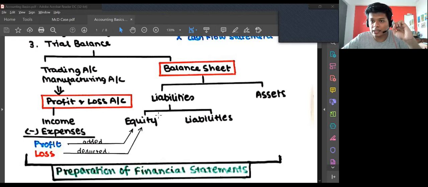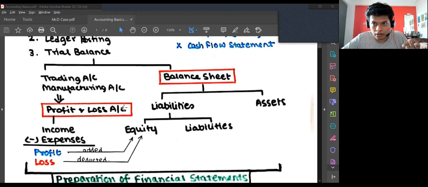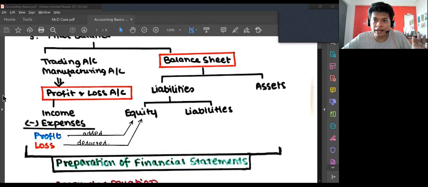If it's a loss, I deduct it and reduce it from my equity, because if I'm incurring losses, the shareholders have to take that loss. So that's why profit is added to equity, and loss is deducted from equity. This entire process is called preparation of financial statements, right? I hope this part is clear.